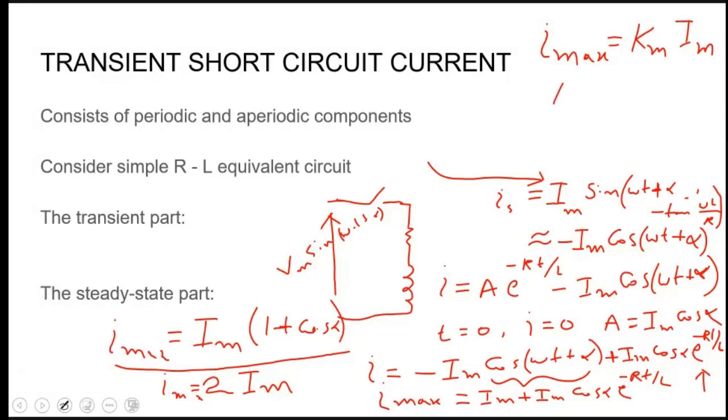The value of Km is practically around 1.7 to 1.8. This is the experimental practical value.